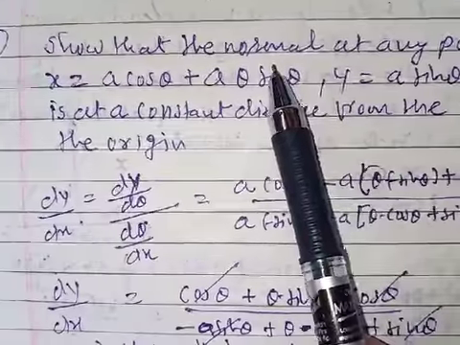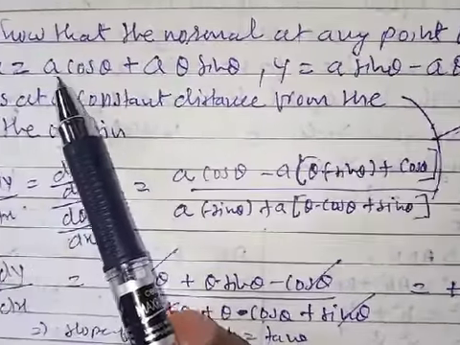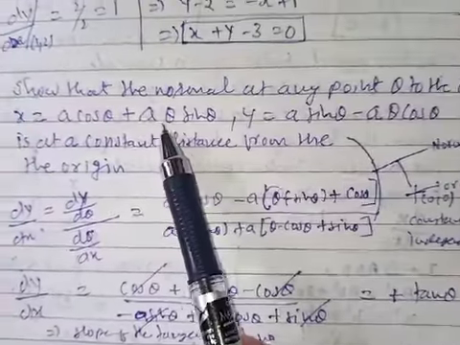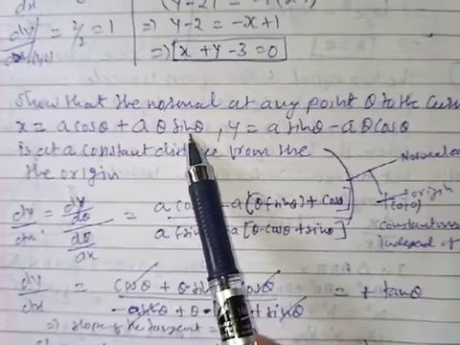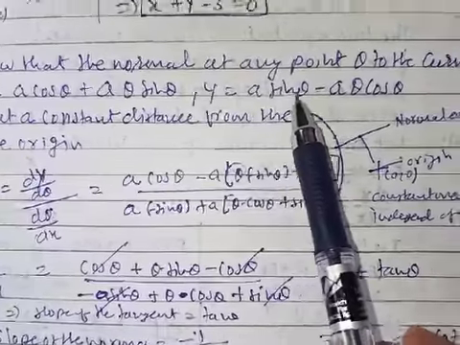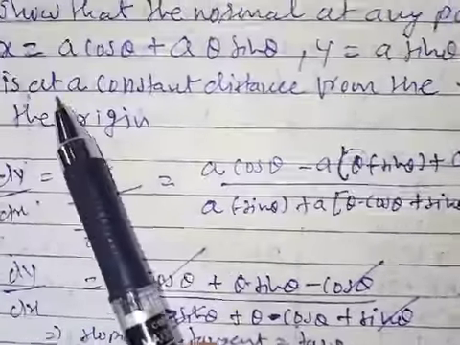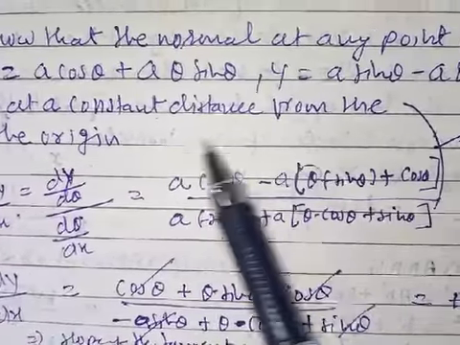Show that the normal at any point theta to the curve x equals a cos theta plus a theta sine theta, and y equals a sine theta minus a theta cos theta, is at a constant distance from the origin.